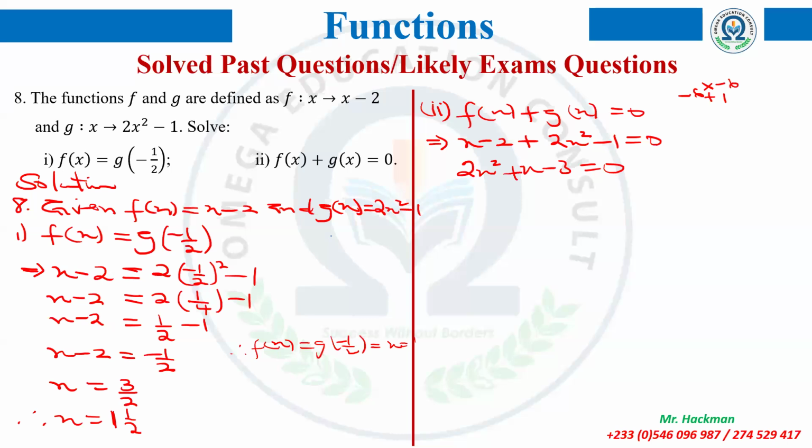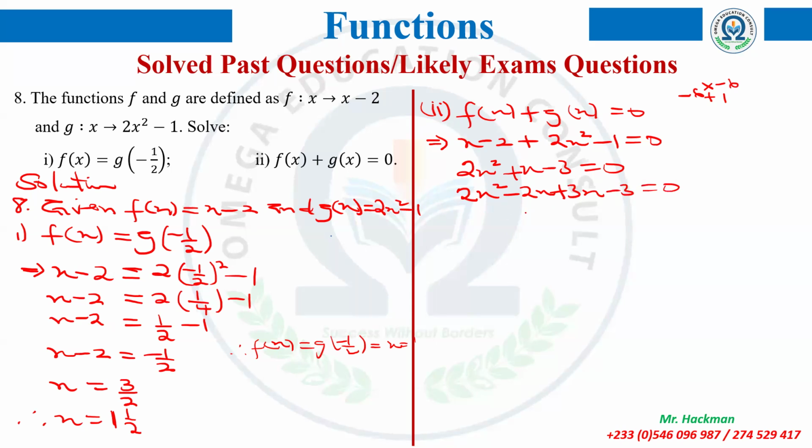Minus 2 and plus 3. Do you all agree? Yes. Okay, so we will use that one to split the middle term: 2x squared minus 2x plus 3x, replacing the middle term, then minus 3 is equal to 0.